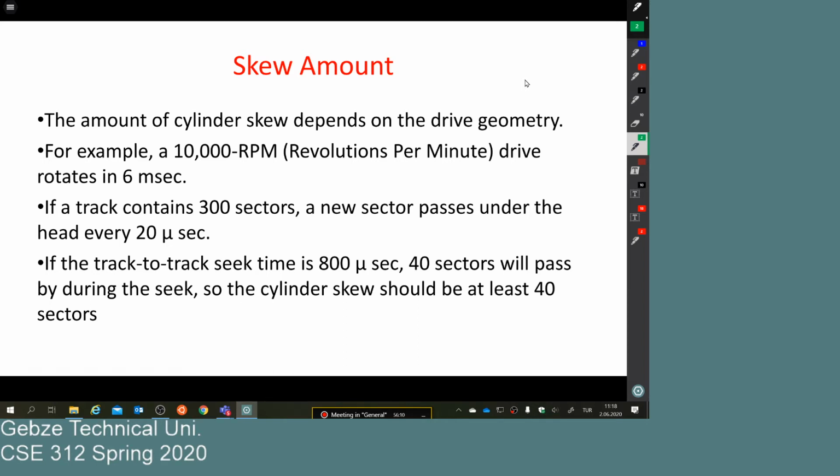So if a track contains 300 sectors, then 6 milliseconds over 300 means that for every sector, the read-write head needs 20 microseconds.